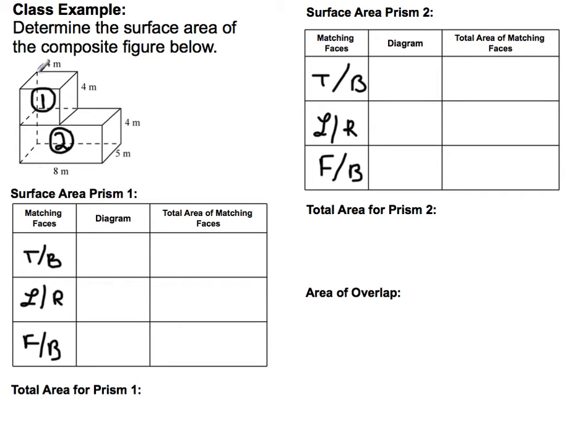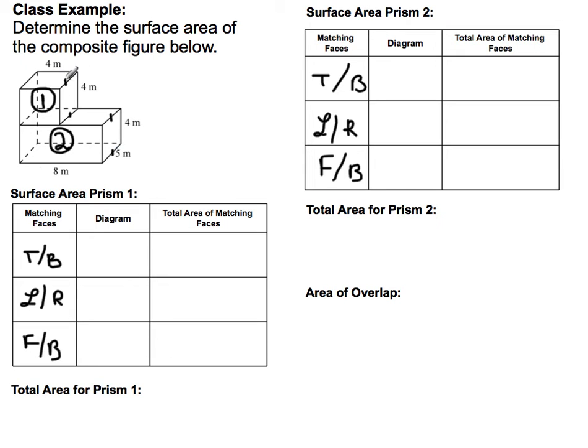So let's look at prism 1. If you want to draw a diagram with the dimensions, that's great. I'm just going to write the dimensions in. I'm going to look at the top, and I see that it's 4 by some number that I don't know. I know that this and this are the same length, which is the same length as that, which is the same length as this.